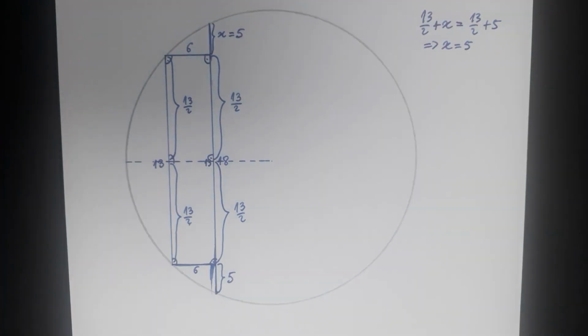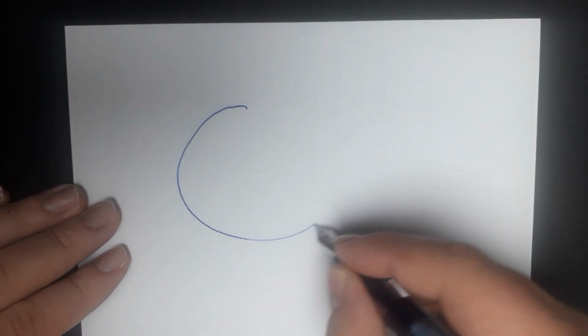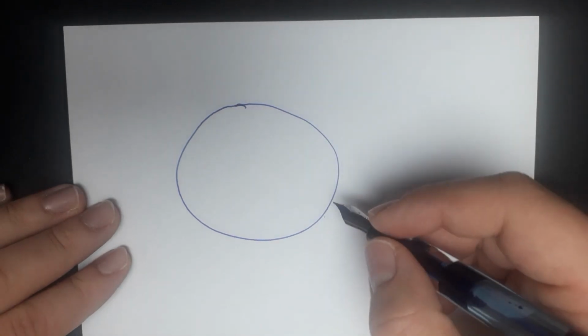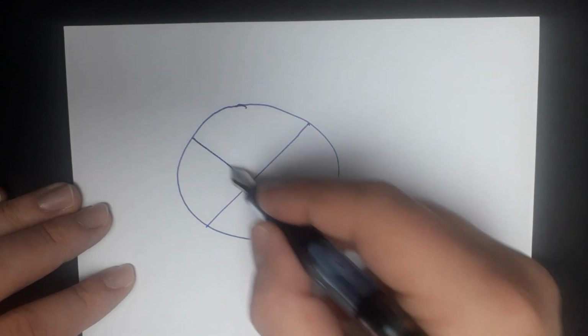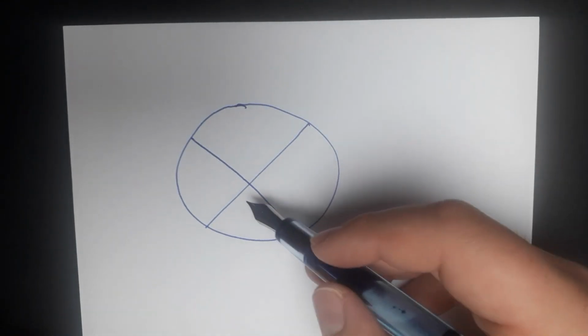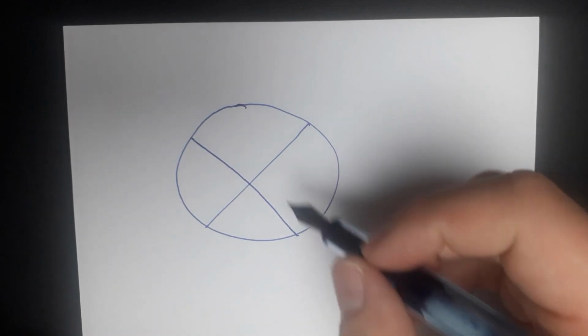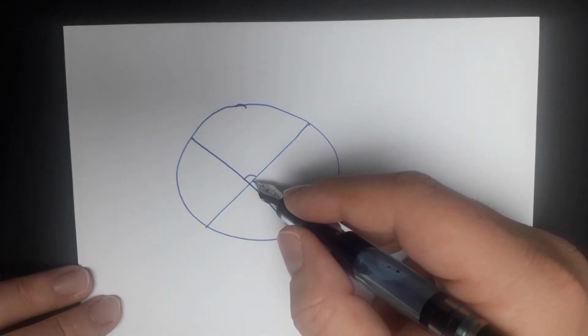At this point, we can apply the chord-chord power theorem. Now, a little explanation for the chord-chord power theorem. It states that if we have two lines like this in a circle, dividing this circle into four pieces, 1, 2, 3, and 4, and this is any angle, it doesn't have to be a right angle.